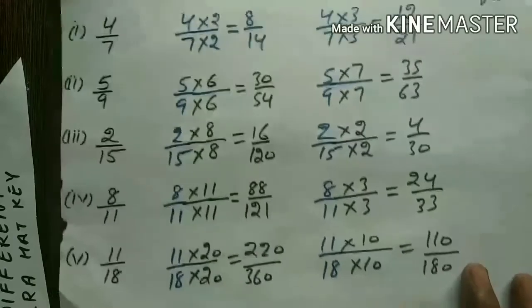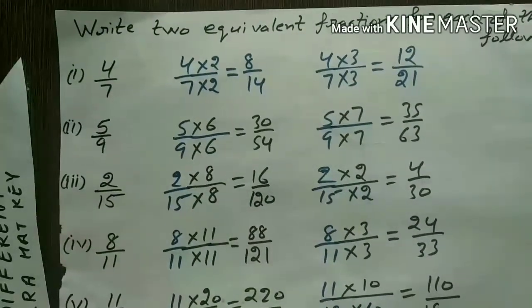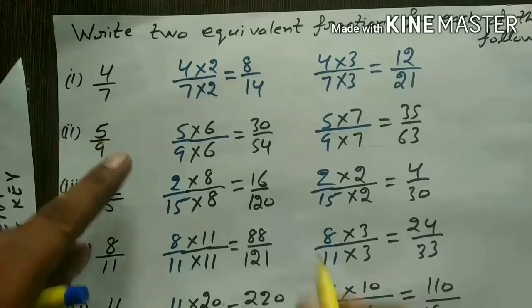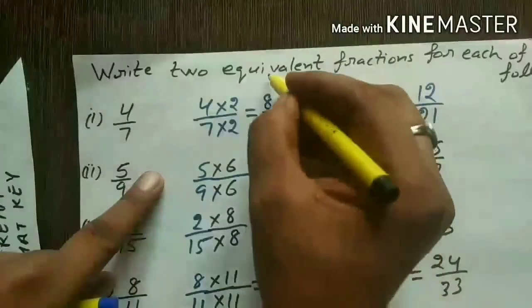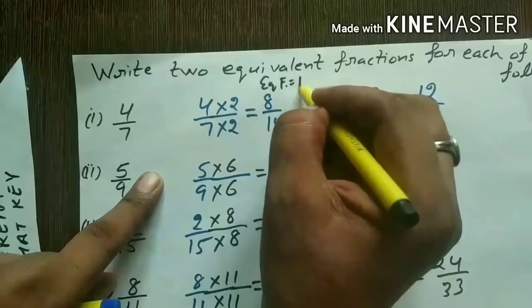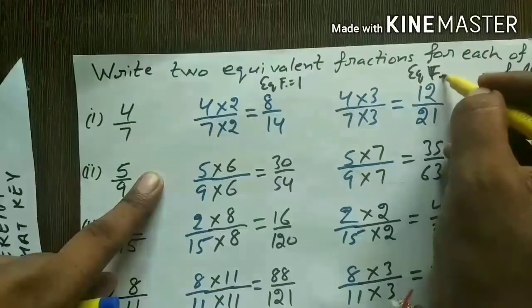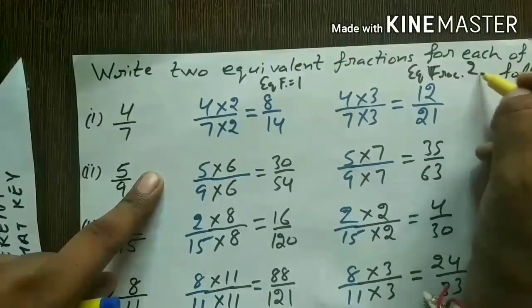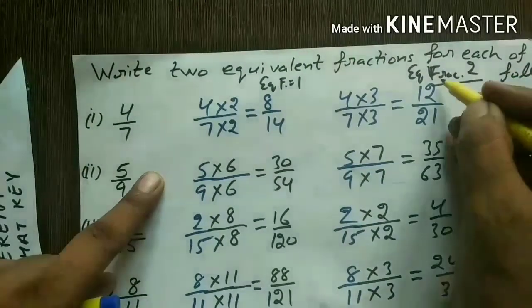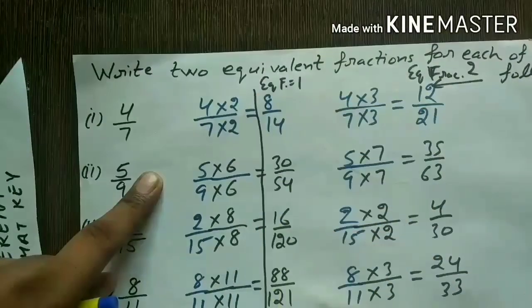So students, in this way we have written all the equivalent fractions. This is the first one. I write equivalent fraction 1 and equivalent fraction 2. Okay, so these are the fractions which are the answers.